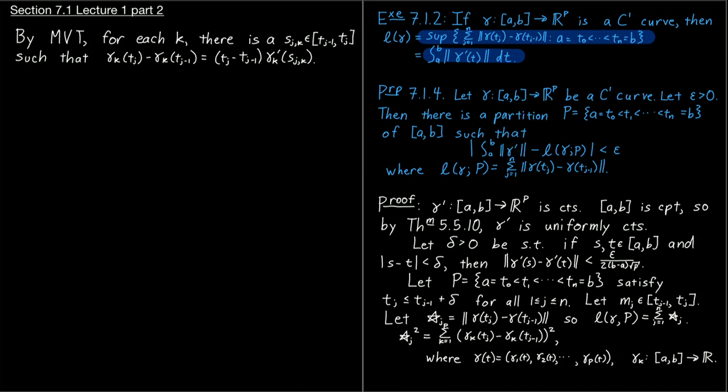And so we can write our quantity star j. Let's go ahead and square that, and then we can put gamma k prime of sjk, and that quantity is squared. And then notice that this is a sum in k, not a sum in j, so we can go ahead and move the tj's out front.